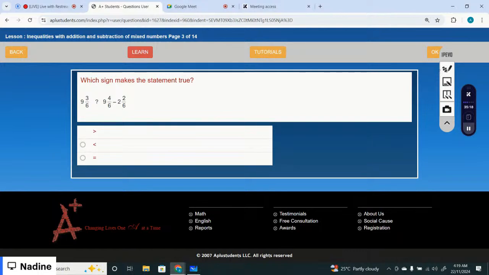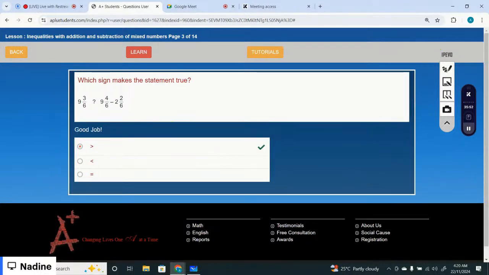So 9 whole 3 over 6 is greater than 7. Got it? Greater it is.